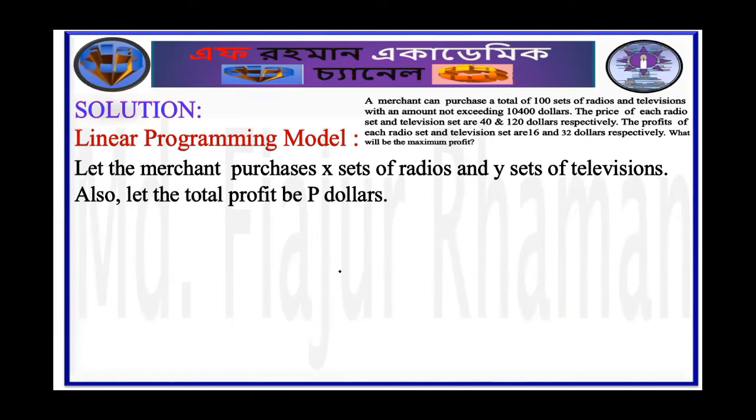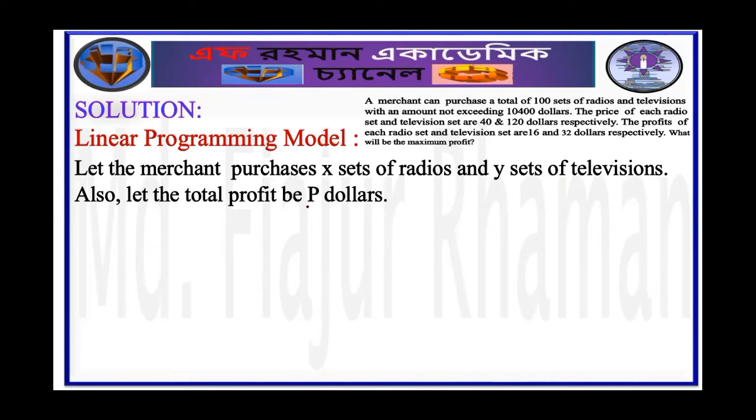In the first step, we should choose the deciding variables x and y. Since we are asked to find the maximum profit, we take the profit P. P is the objective function which is to be maximized.